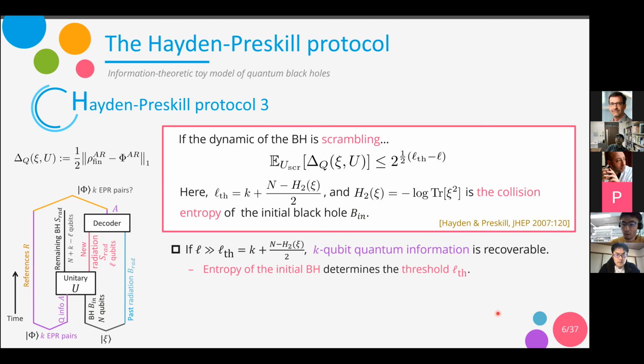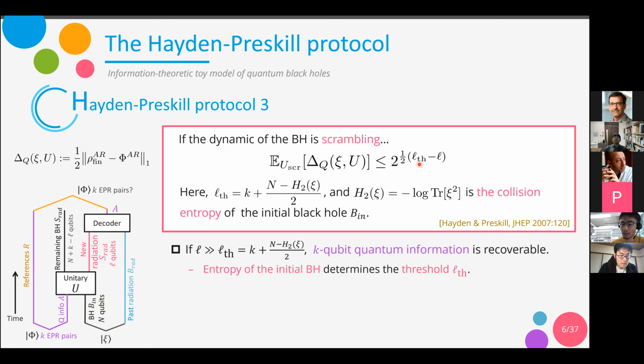And in the original paper back in 2007, I think, they proved this inequality. If the dynamics of the black hole is scrambling, then we take the average over all scrambling dynamics, or we could say the average over all Haar random unitaries, of this recovery error. Then it is bounded from above by this.